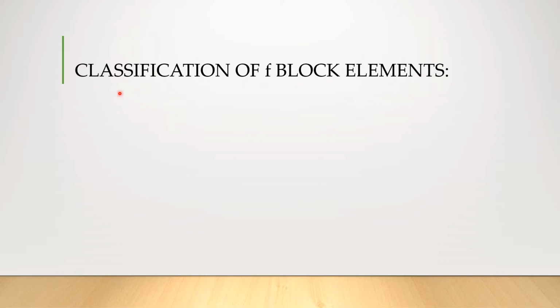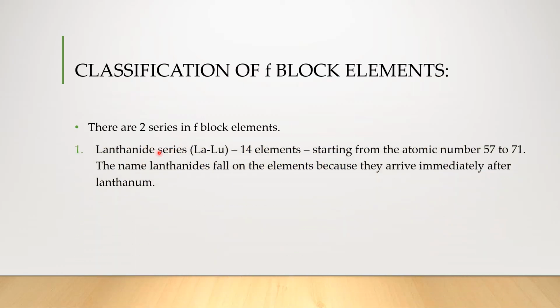Now we are going to see the classification of f block elements, okay. As we know there are two series in f block, lanthanides and actinides. In the lanthanide series there are 14 elements starting from lanthanum to lutetium, okay. The atomic number goes from 57 to 71, okay.